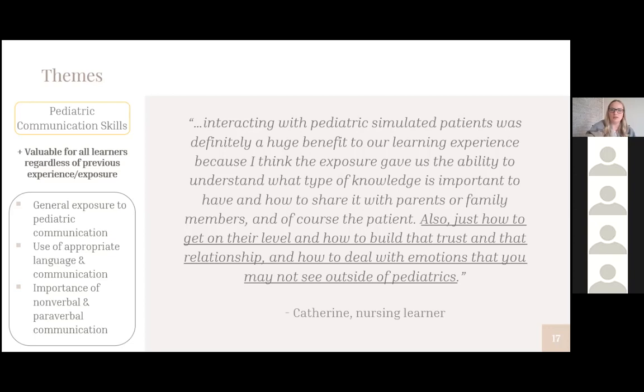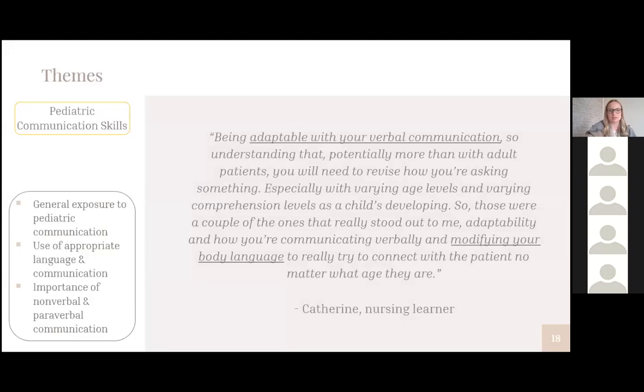So even though they had something already, they found that their skill was better developed through these interactions. Again, Catherine went on to say that she learned to be adaptable with her verbal communication, but highlighting down below that she had to modify her body language to really try to connect with a patient, regardless of their age, and how these experiences really exposed and enhanced that aspect of pediatric communication.